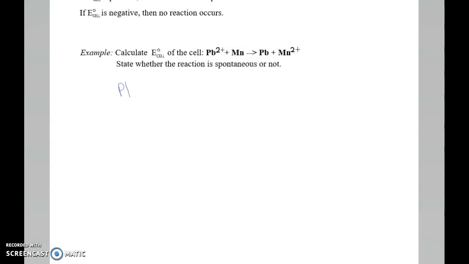So you have lead, 2 electrons. So lead gains 2 electrons to become neutral lead. So because it gains electrons, we know that it undergoes reduction, which means that lead is the oxidizing agent.